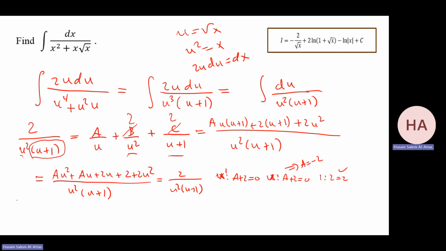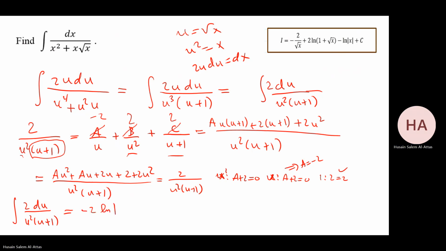So this integral, which is du, forget the 2, there is a 2 here. So I have the integral of 2 du over u square, u plus 1. That will be what? This is -2. That will be the integral of this. Let me do it quickly. -2 ln of u.